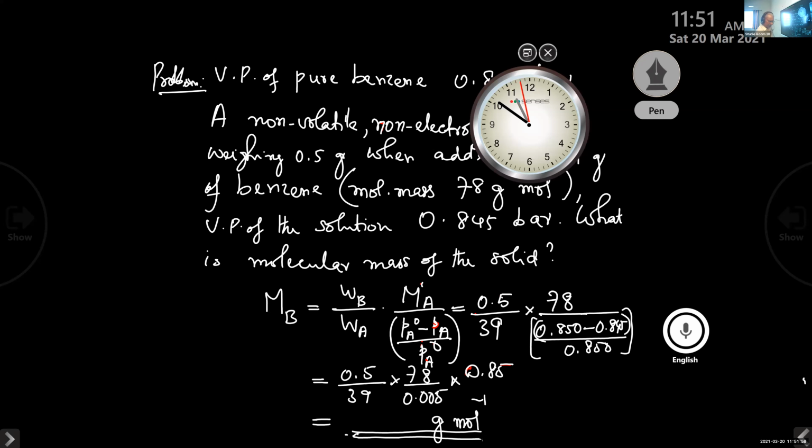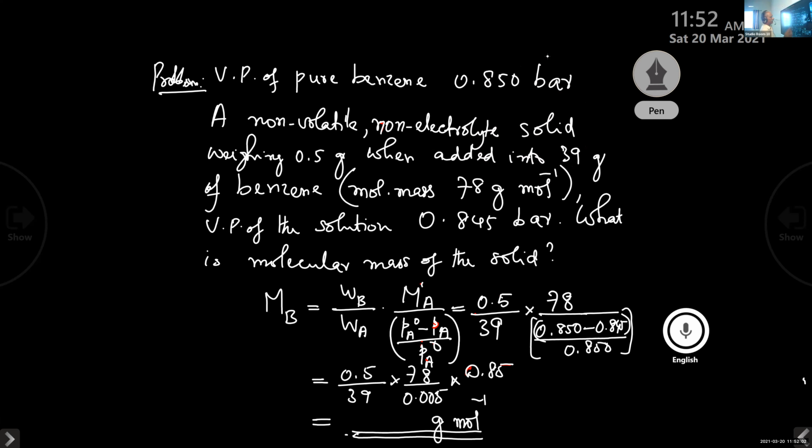What is the value? Very simple thing. Anybody has got it? You simplify. Do it fast. What is the value? 170.